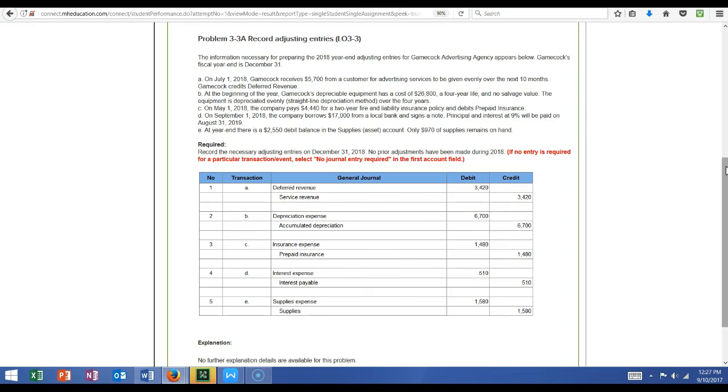A says on July 1st, 2018, Gamecock receives $5,700 from a customer for advertising services to be given evenly over the next 10 months. Gamecock credits deferred revenue. So think about this.